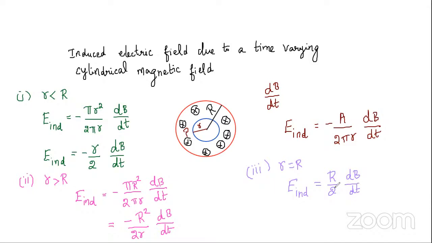Based on all these equations, we can show the variation of this induced electric field with the help of a graph. We can show the variation of the induced electric field with the distance small r, and we can use a graph to show that. So here you see, this is the graph.